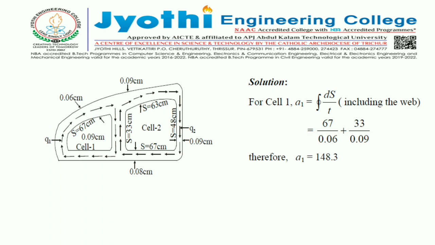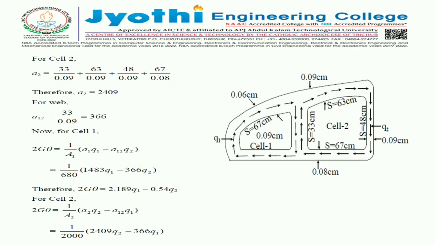For cell 1, a1 is equal to integral ds by t. That includes the web also. It is given as 67 by corresponding thickness 0.06 plus, for the web, ds by t is given as 33 by 0.09. Therefore, small letter a1 is equal to 148.3.